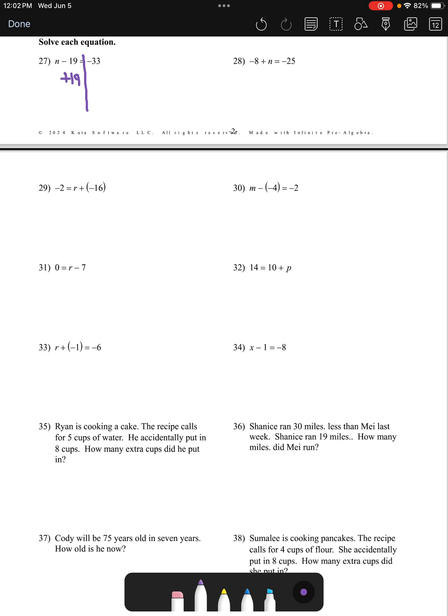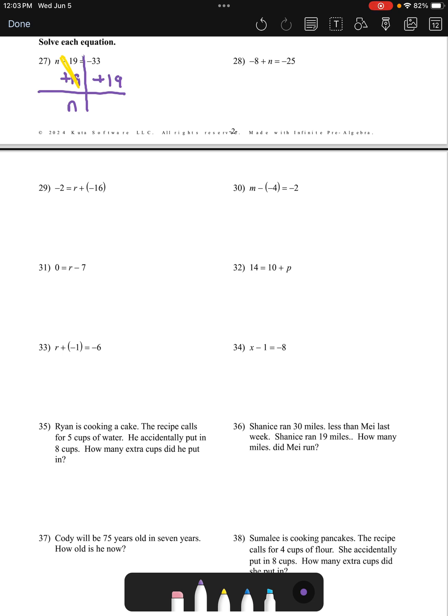So if I put a plus 19 on the left side of this equation, that negative 19 and positive 19 will cancel each other out, leaving that n alone, which is what he wants to be. But remember, whatever we need to do on one side of an equation, we also have to do on the other. So negative 19 and positive 19 will cancel each other out, leaving our n by itself, which is the goal.